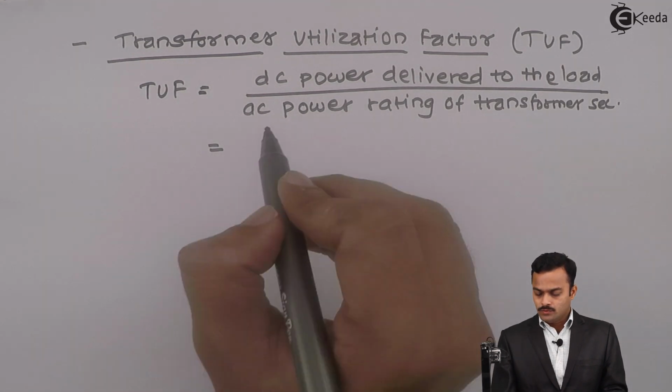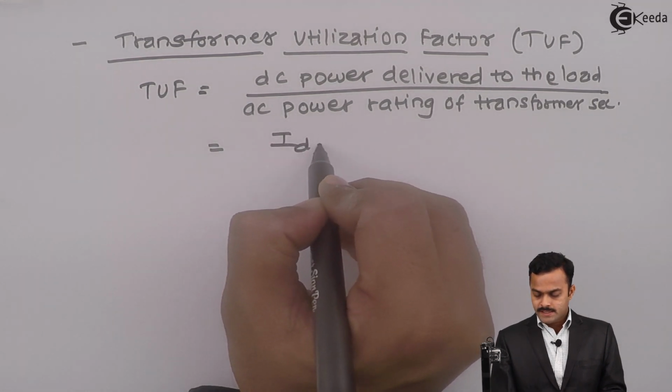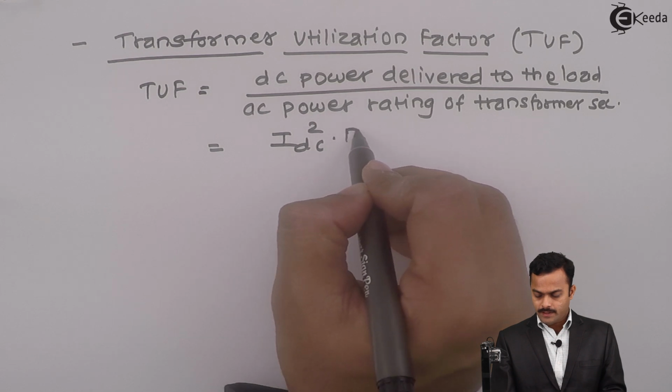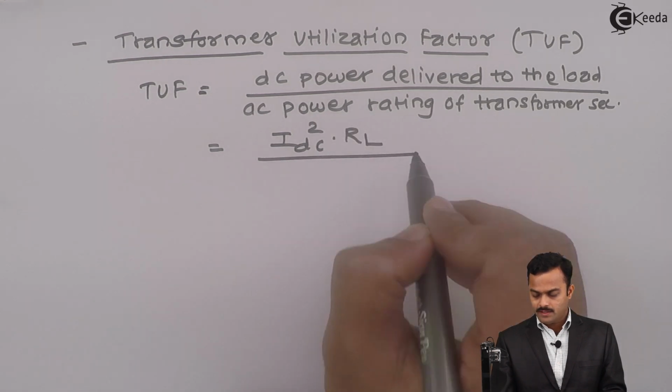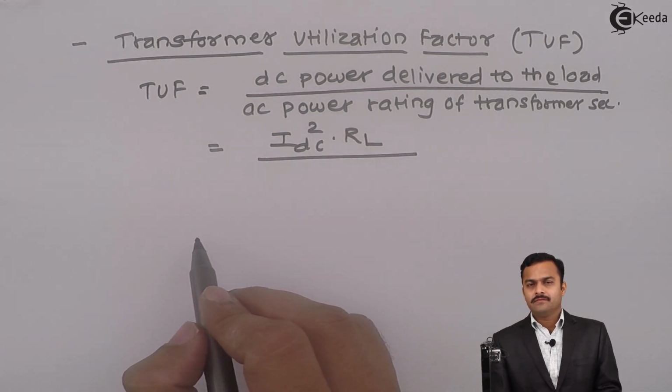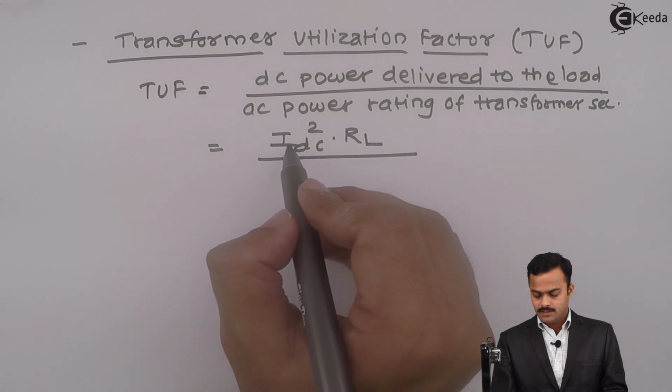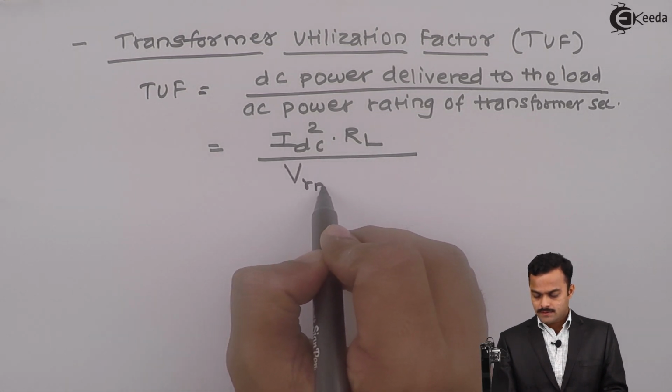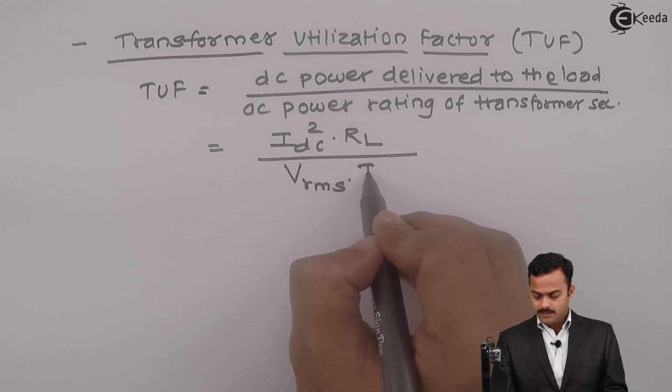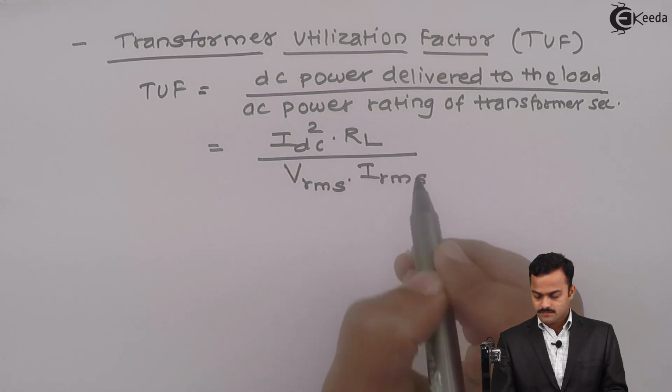So, this is equal to IDC square multiplied by RL because it is a DC power, and AC power rating of secondary of a transformer is Vrms multiplied by IRMS.